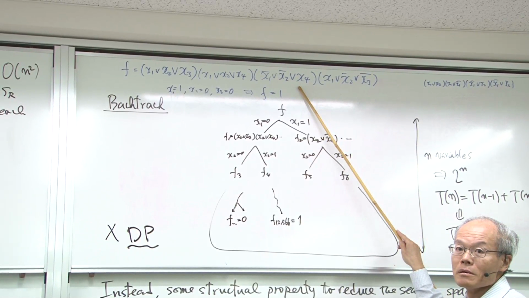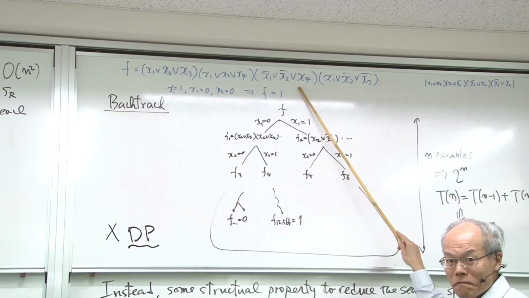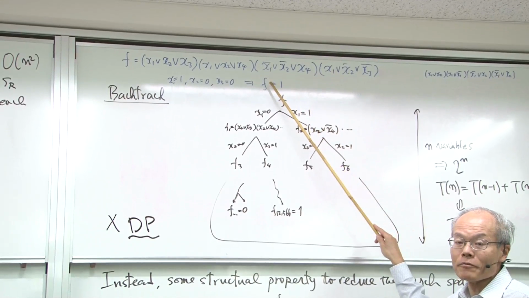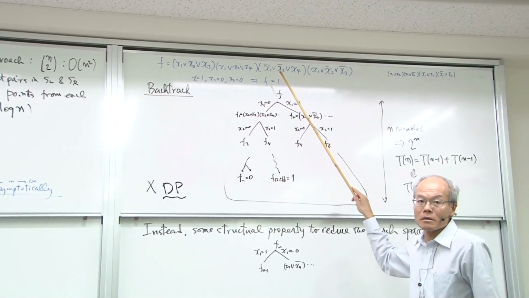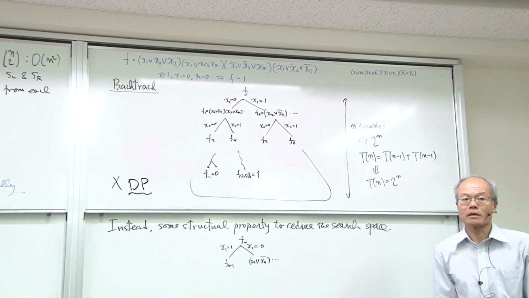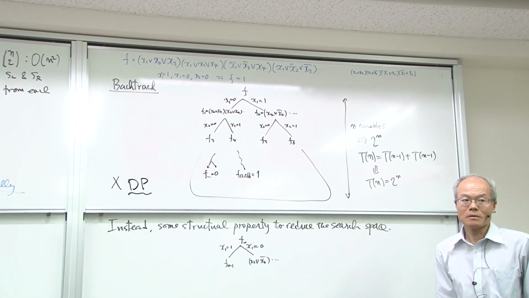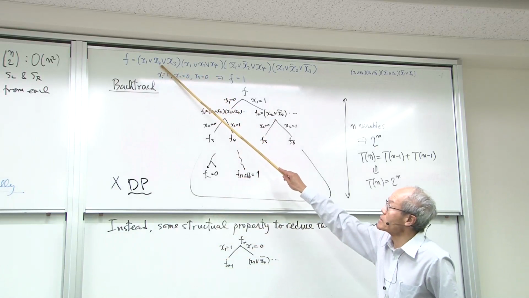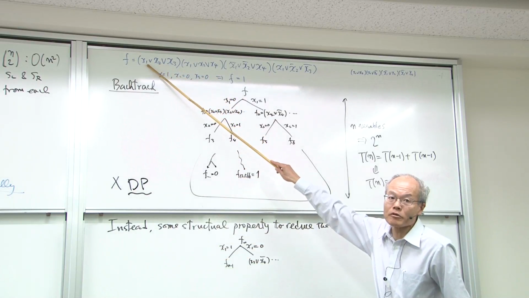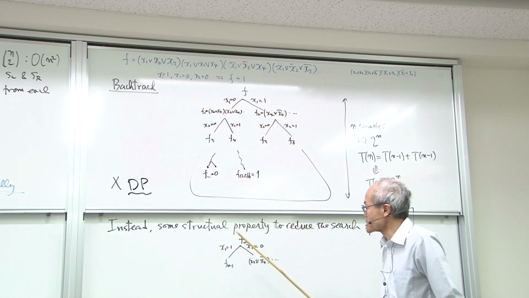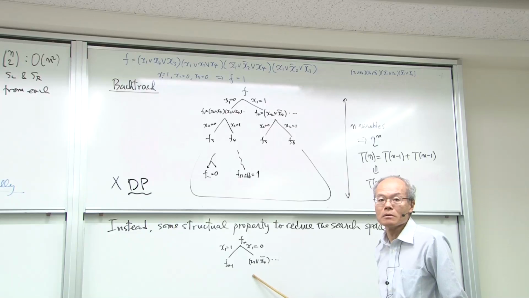If we have only this kind of formulas, then we have no guarantee of a clause of size 2. Do you understand? If x1 appears positive, then we must have a clause of size 2.